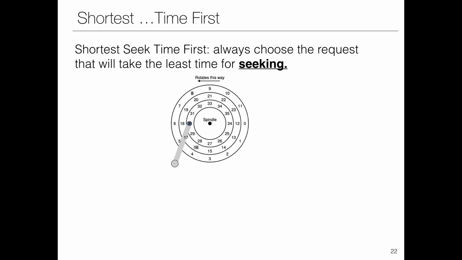Is it a good idea to immediately service 33, or is it a good idea to wait for some time, in the hope that there will be a better request on the way, which will lead to a globally better solution? Wait, right? But then again, there's an engineering question of how much time you wait.